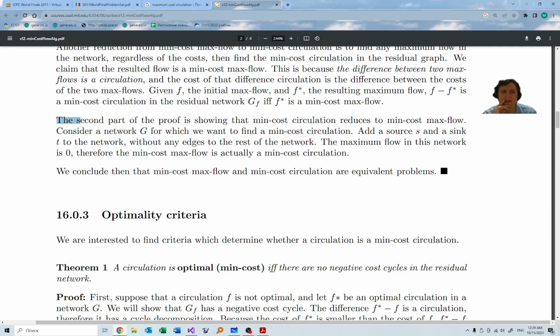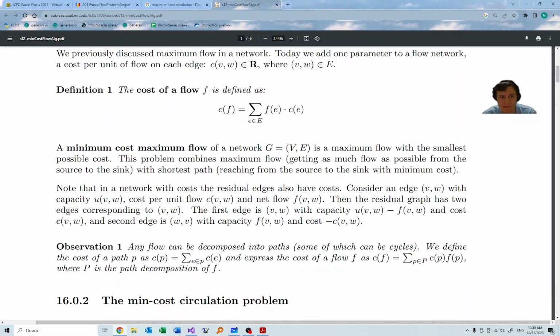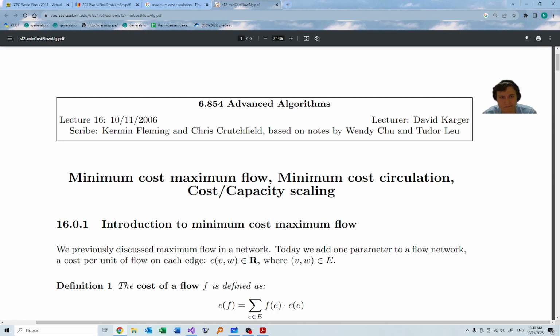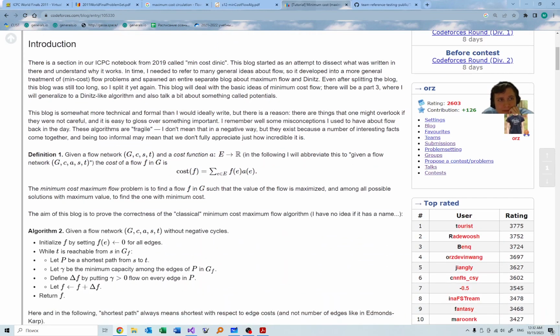Okay, I guess usually min cost max flow is with positive weights. And we here have sometimes negative weights. Can we do something with it? Okay, I need now to find something about minimum cost maximum flow. Okay, I found some blog about minimum cost maximum flow.